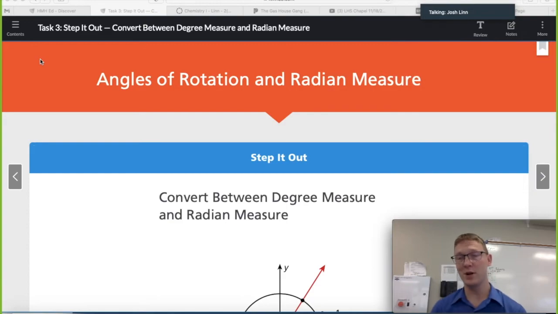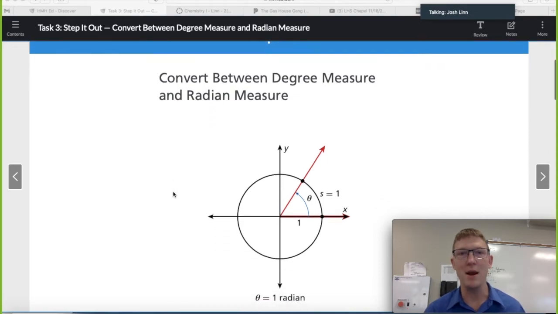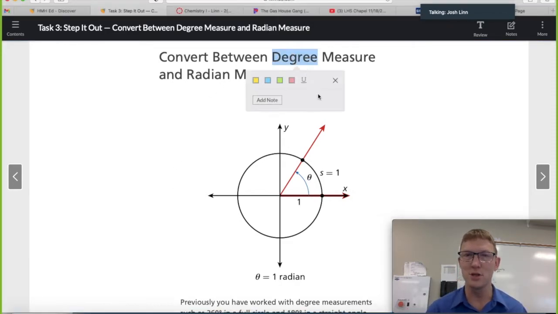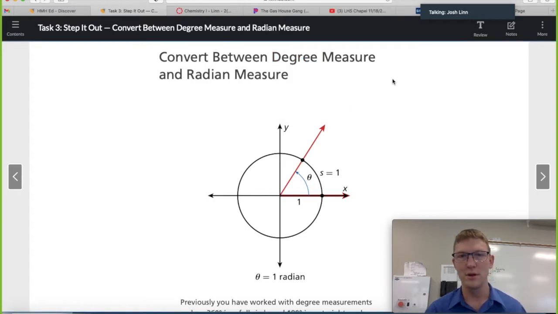In math in general, we're always looking for ways to be more precise. So when dealing with angles and rotation in mathematics, as well as in super precise research and academia, we're not huge fans of degrees. The degree is kind of an arbitrary number.